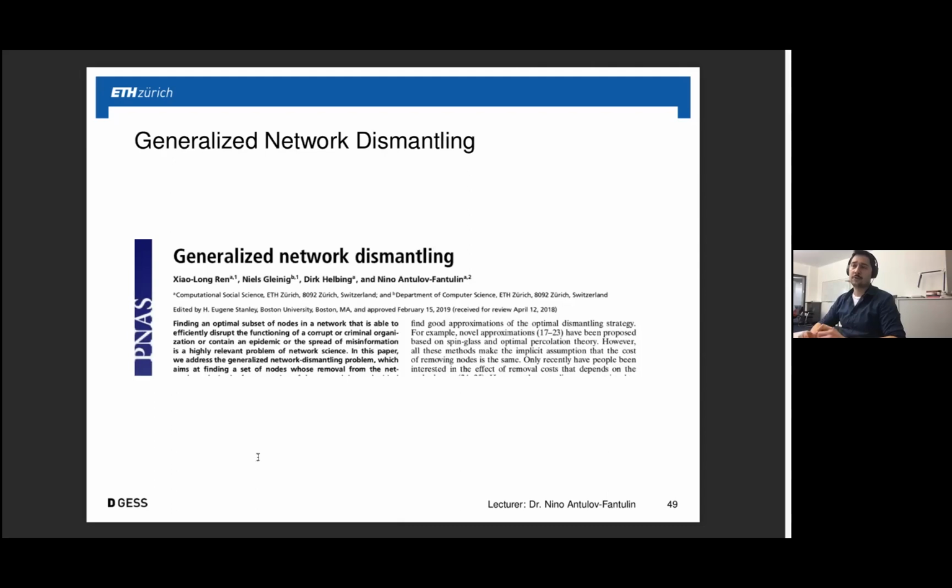Recently, in 2018, we also analyzed this problem from the perspective of weights of these actions. How hard is it to do this if you have a certain type of cost function? We have named this generalized network dismantling.